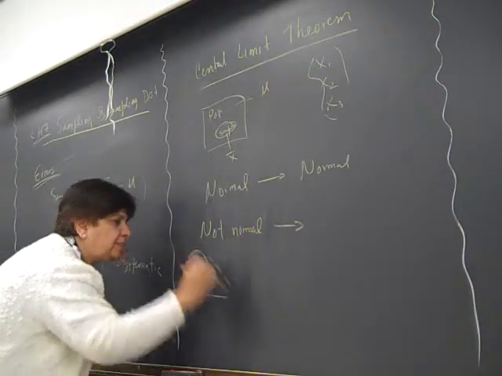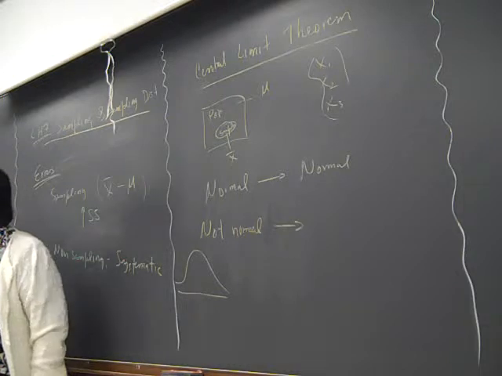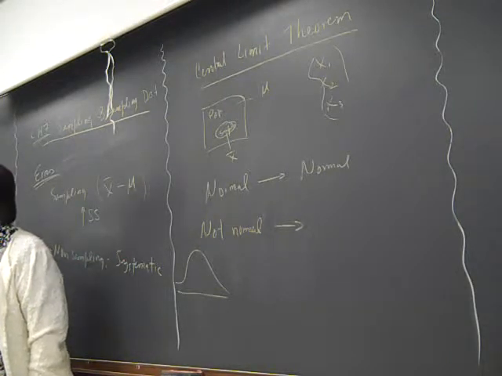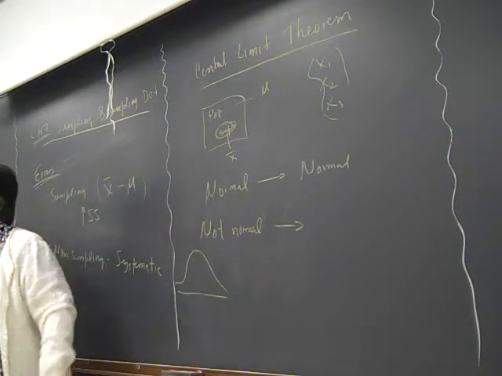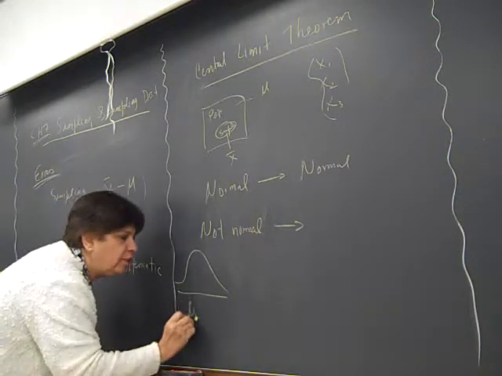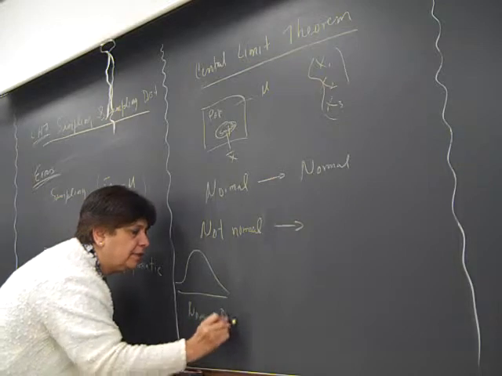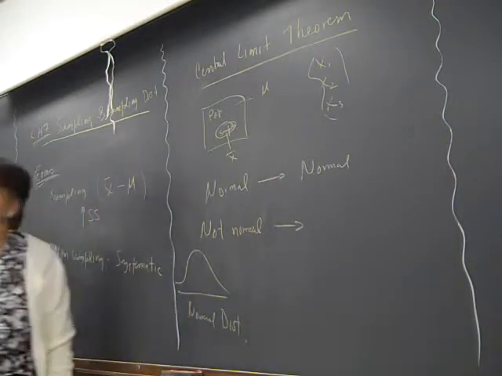And again, normal is the bell shape. That's normal because it follows a normal distribution. Guys, be aware of that.